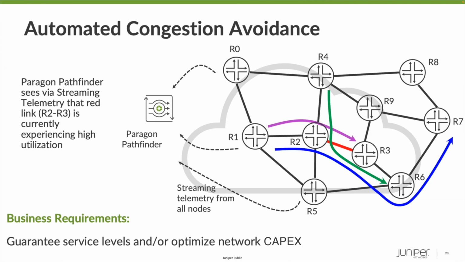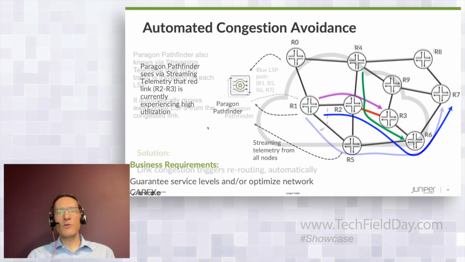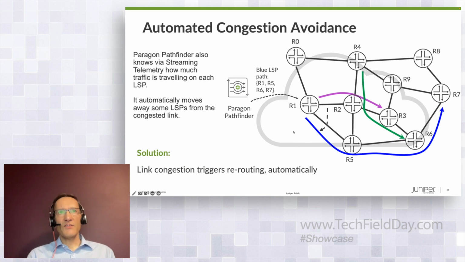And of course, in so doing, it needs to make sure not to cause congestion elsewhere. So it takes that into account when making that determination. And then, having worked out which LSP to move, in this example, it decides to move the blue LSP. It sends a PCEP message to R1 because R1's the ingress router of that blue LSP.